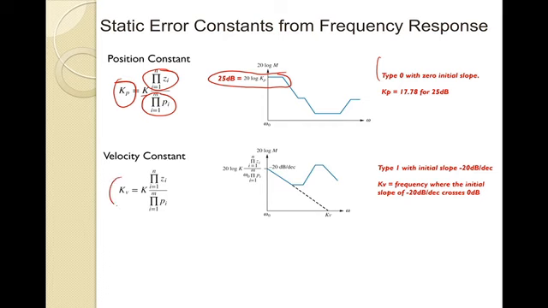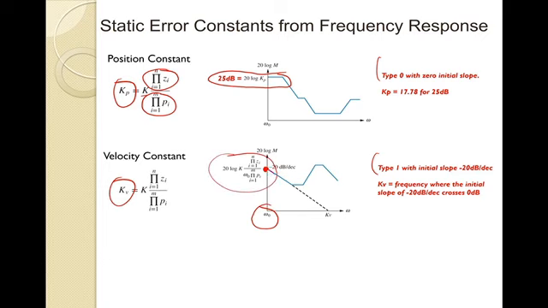The next is our velocity constant, k sub v. You'll see that as shown there. And this will be, again, a type 1 system where you'll have an initial slope of minus 20 dB per decade. And what happens there, so here's our slope, if you will, and at some initial frequency here, you'll see some starting point which you could calculate based on there.